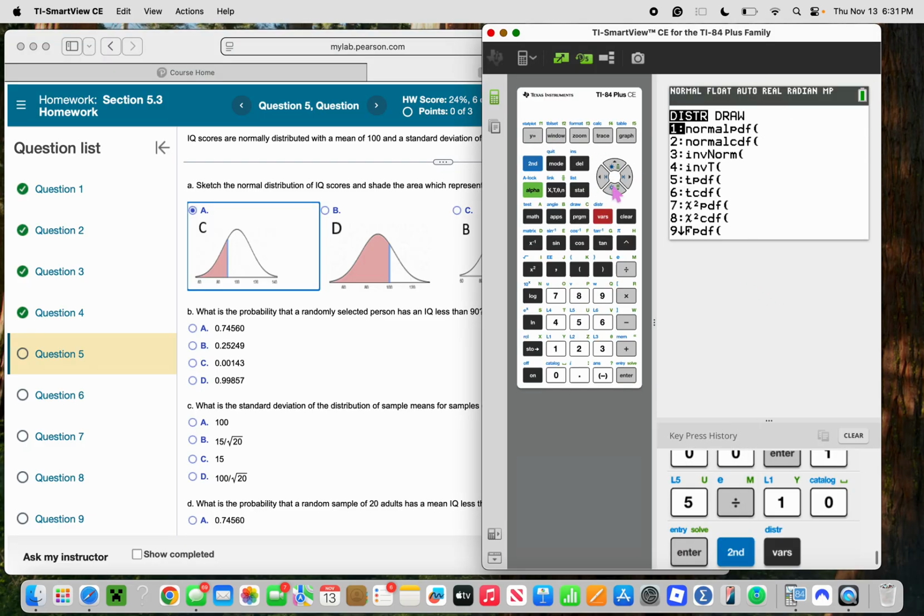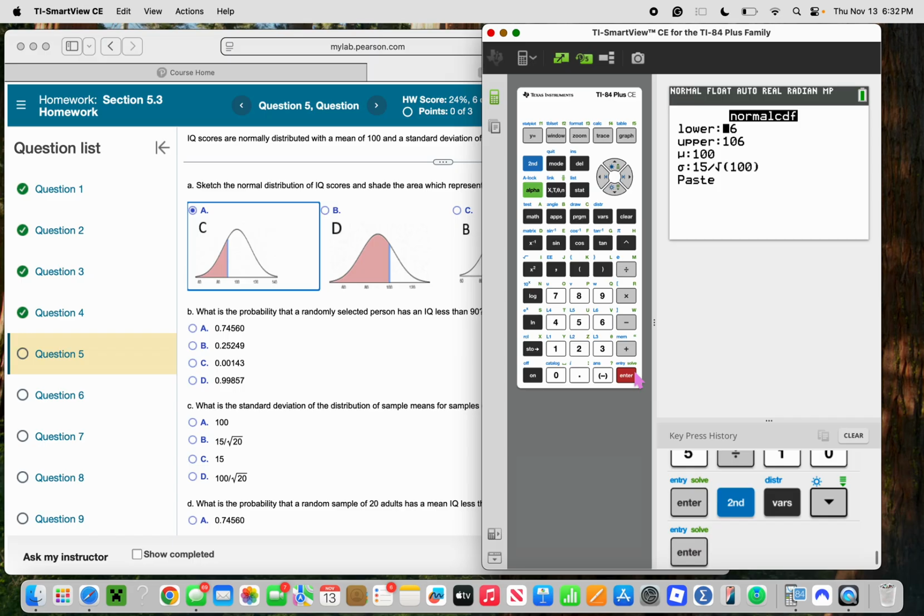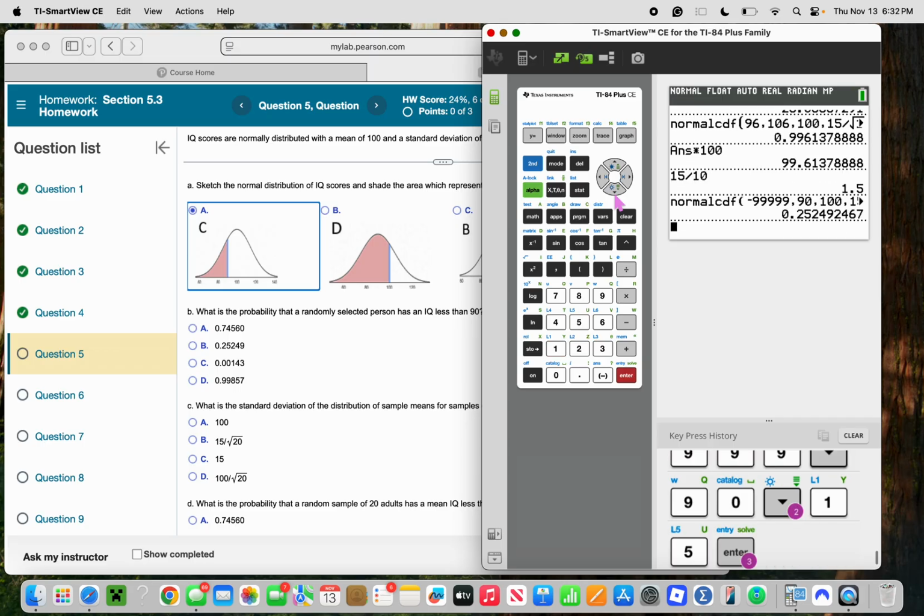So probability is going to be normal CDF. Less than 90 means 90 is my upper bound. Population mean of 100. Standard deviation is the population standard deviation. And it's 0.25249.